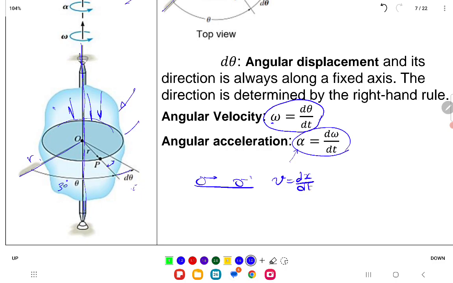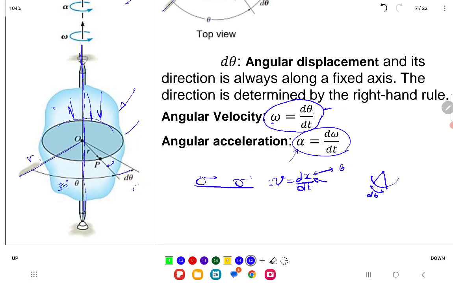That's the linear velocity. This equation is similar to this equation. The only difference is to replace x by theta. That's rectilinear motion, so x is along the x-axis. Theta is the angle about some point where it's rotating. So this is the increment of angle.